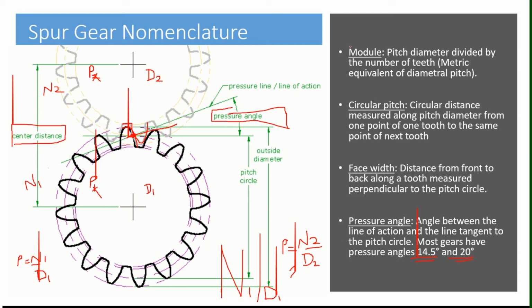Okay. And again, the module is the pitch diameter divided by the number of teeth, which is the opposite of the inches system of units, where we use the term diametral pitch instead of module. And the diametral pitch is defined as the number of teeth divided by the pitch diameter.